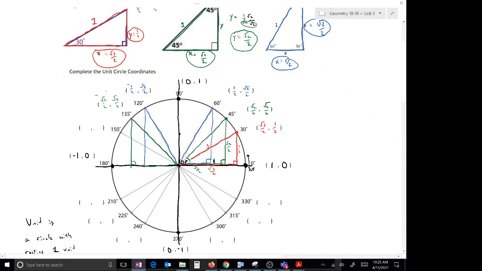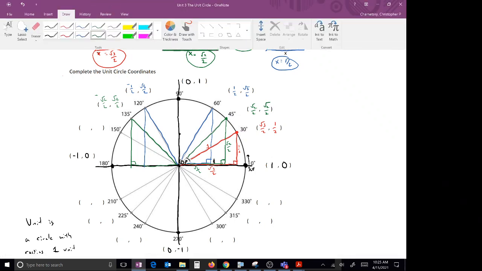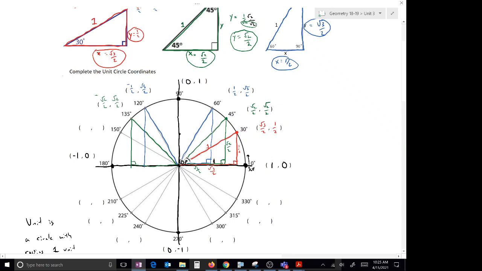So negative √2/2 and then positive √2/2. Finally, at 150, that's a mirror of our red triangle. So the coordinates are going to be the same, √3/2 and 1/2, except the x coordinate is negative.